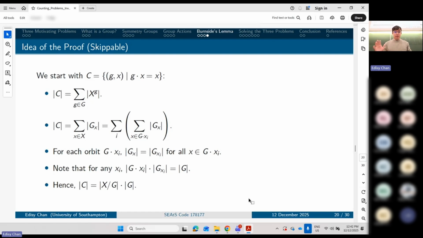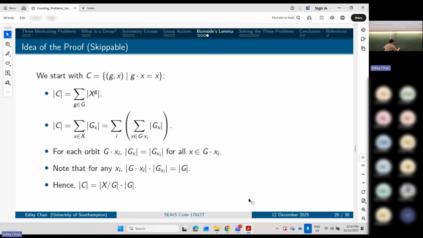But we have another property which I'm not going to show you here, sorry about that. It's a very basic group theory thing, which we can show: for each of the elements inside the same orbit, the number of elements fixing the element is the same as for the representative.